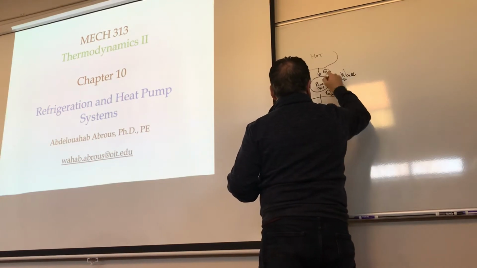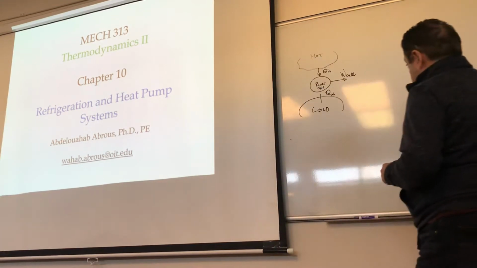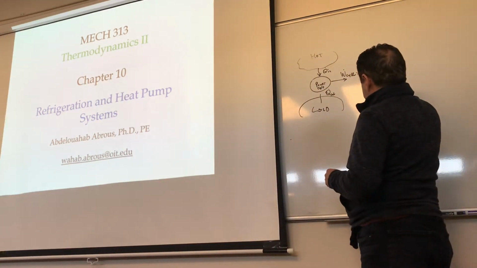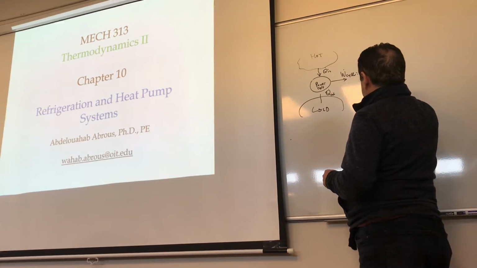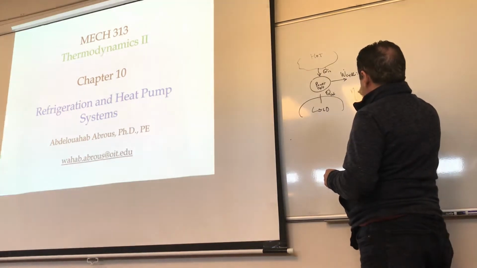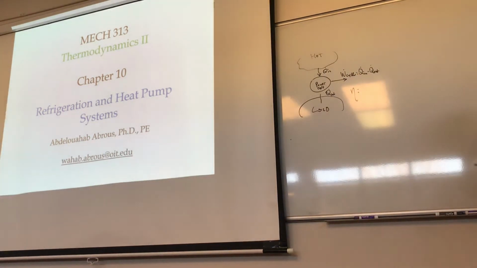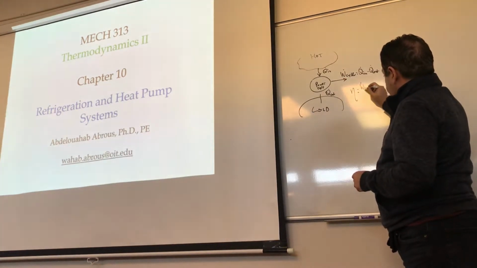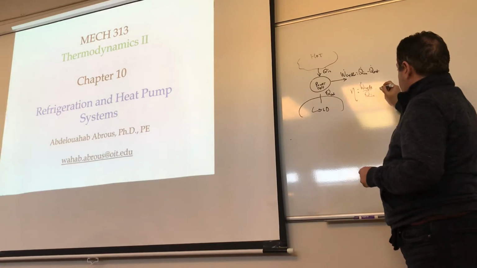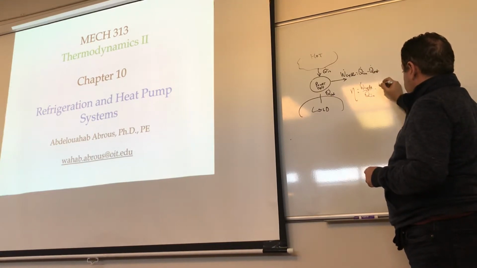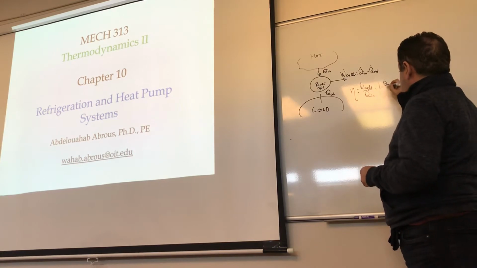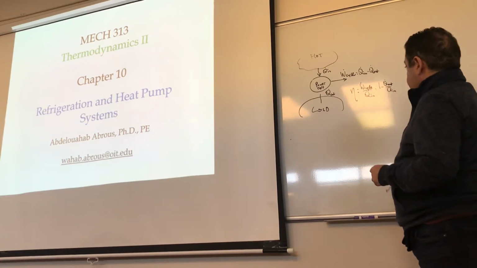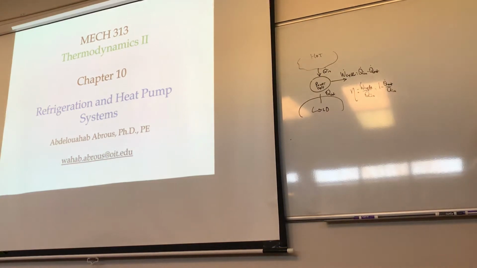This is a power cycle where the W cycle is obviously equal to Q in minus Q out, and the efficiency based on this is equal to W cycle divided by Q in, or 1 minus Q out divided by Q in. So a power cycle is a cycle, obviously, that generates work.